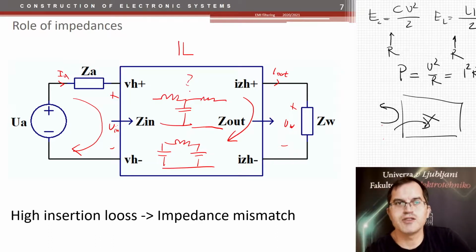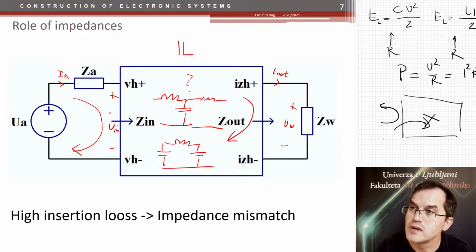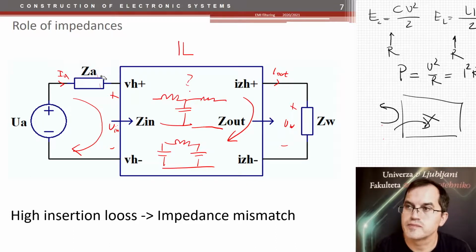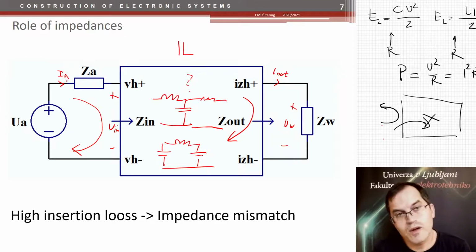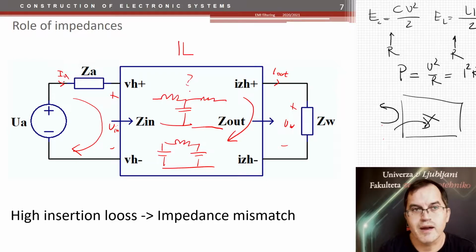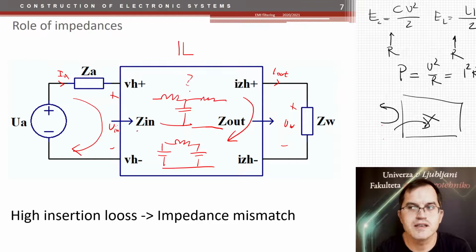By mismatching them, you will reflect it back. So if you have a large source impedance, then your current would be low. That's okay. And if you want to get all the power back, then you have to use very low input impedance here, so that the voltage would be zero.